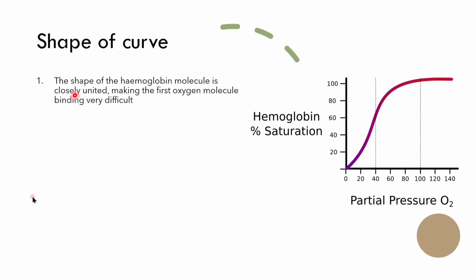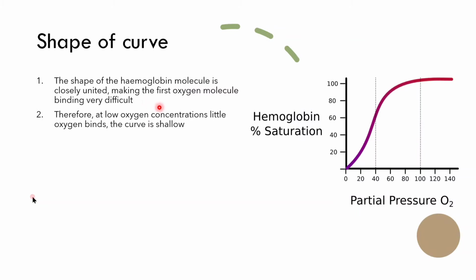So all of the 4 polypeptide chains are quite close together, and this makes the binding of the first oxygen molecule very difficult, because it was difficult to get to one of the ions to bind. So because they're so close together, this first oxygen molecule finds it difficult to bind and collide with one of the ions in the heme groups.